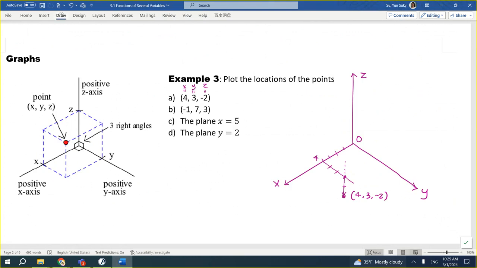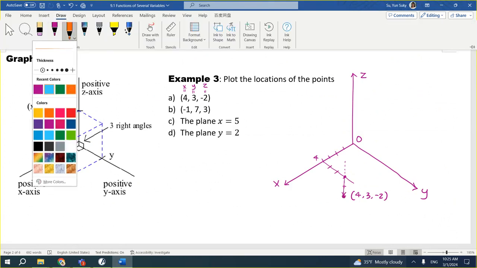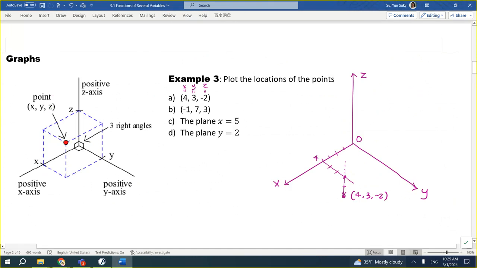Okay, we continue. How about the next point? X is negative 1. So what do we do? Negative 1 here. Yeah. And then y is what? 7. So go to the positive y direction. 1, 2, 3, 4, 5, 6, 7.